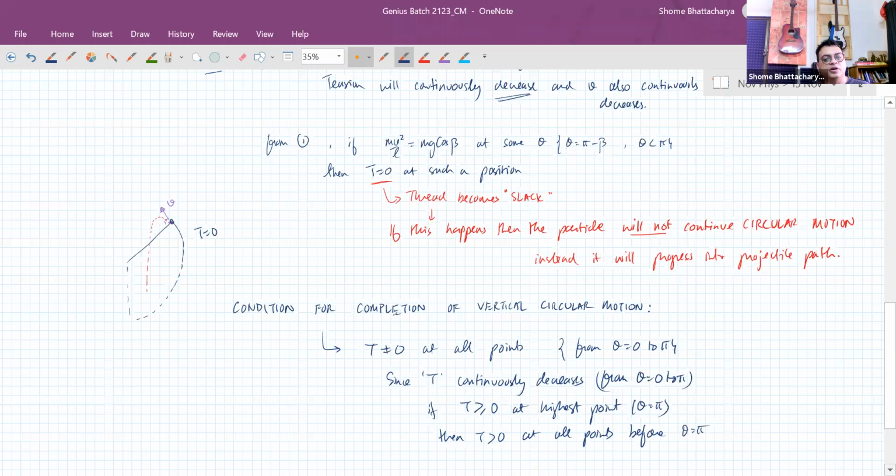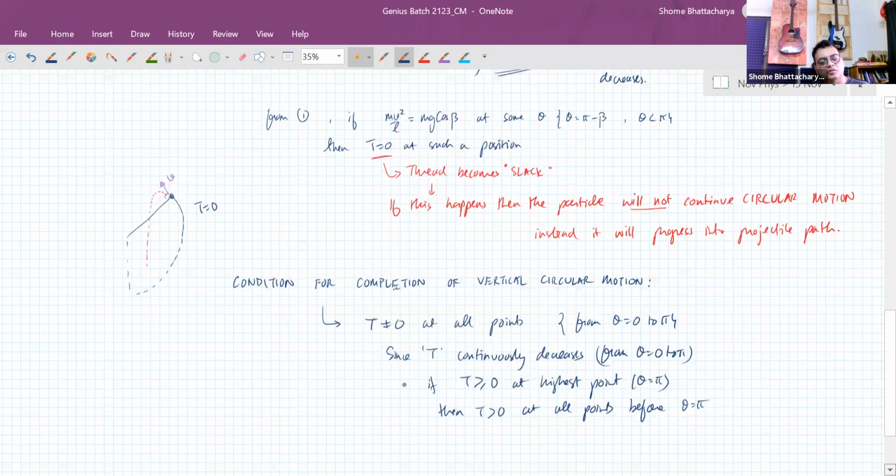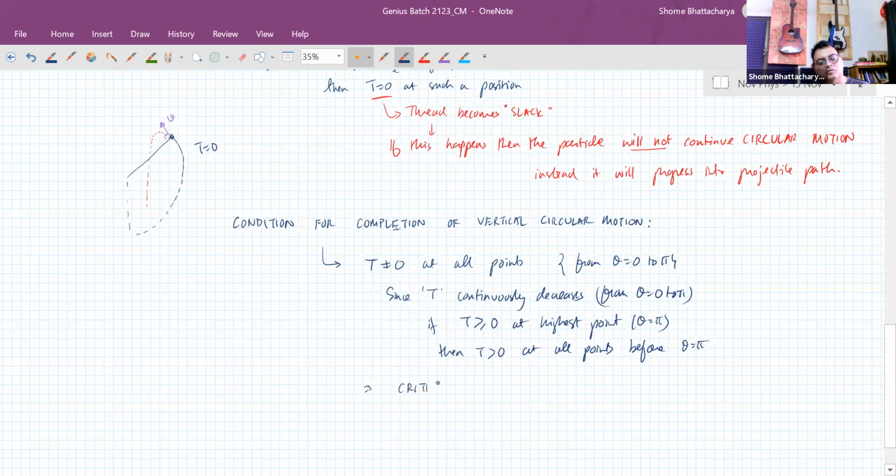So the critical point for us becomes the highest point. And the critical condition is that tension should be greater than or just about even equal to 0 at theta equal to pi.